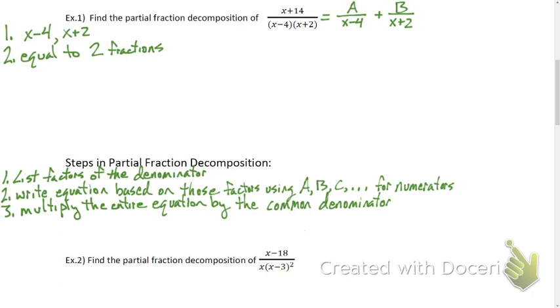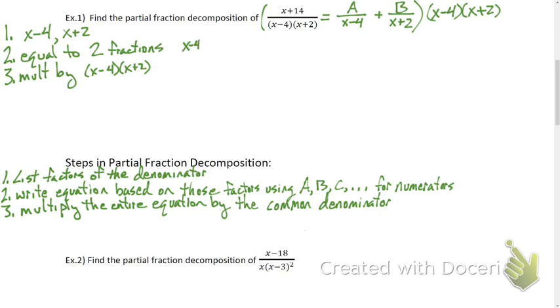So the common denominator is x minus 4, x plus 2. And when I multiply that whole equation by it, a lot of stuff cancels out, including the fractions. So if you need to see the specific steps, you can skip this step if you want.